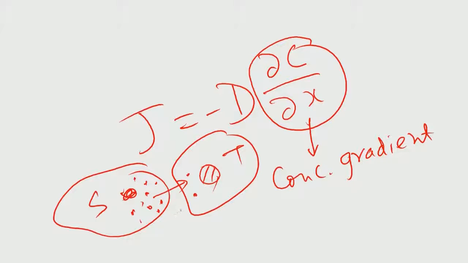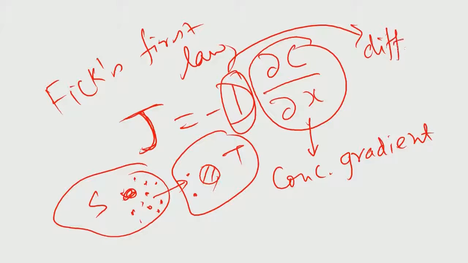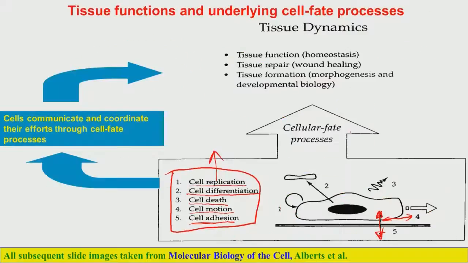Therefore, diffusion will be driven by Fick's first law, which is very common in science. The flux of the signaling molecule is equal to minus D, where capital D is the diffusivity or diffusion coefficient, multiplied by the concentration gradient, the change of concentration in the x direction or in space.